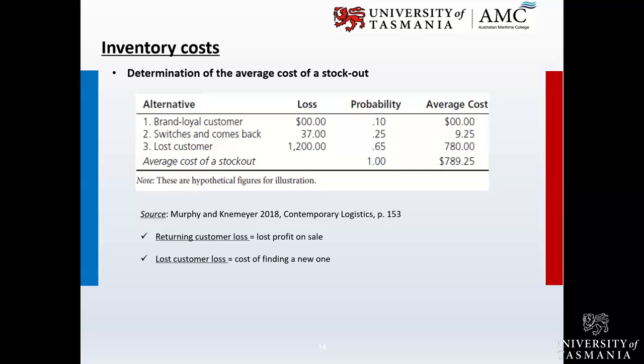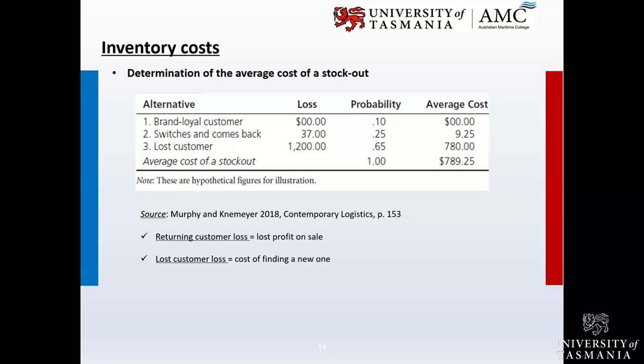The third type is lost customer. It means when there is a stock out, the customer will switch to another brand or go to another shop and never comes back. So you lost the customer. The loss is 1,200. And the probability is 65%, so you can get the average cost.